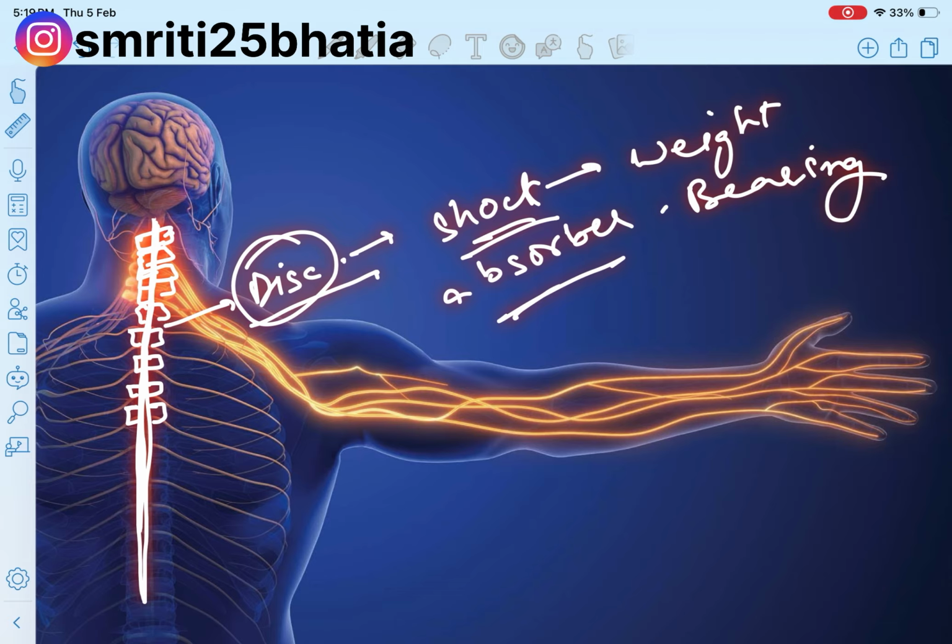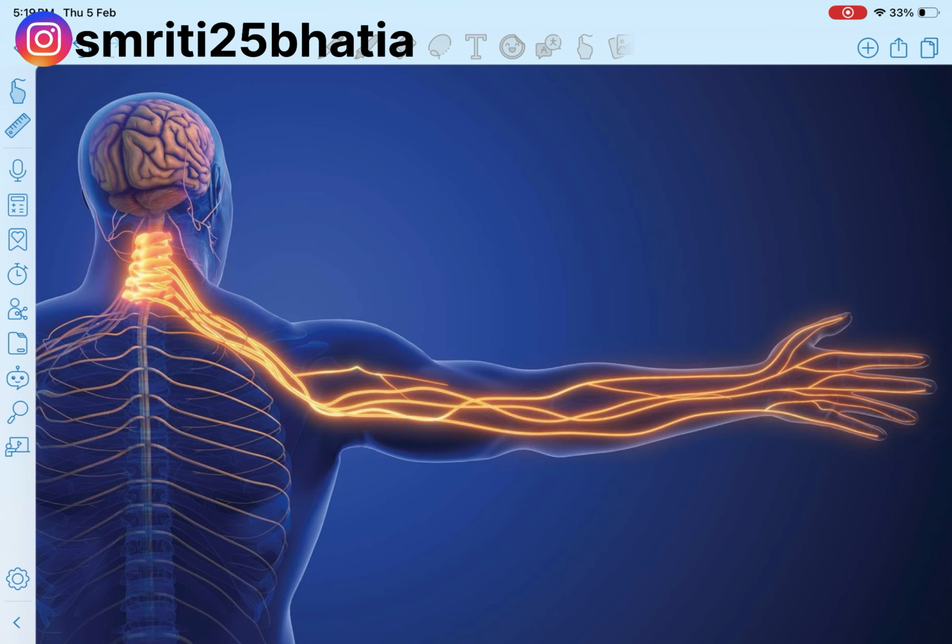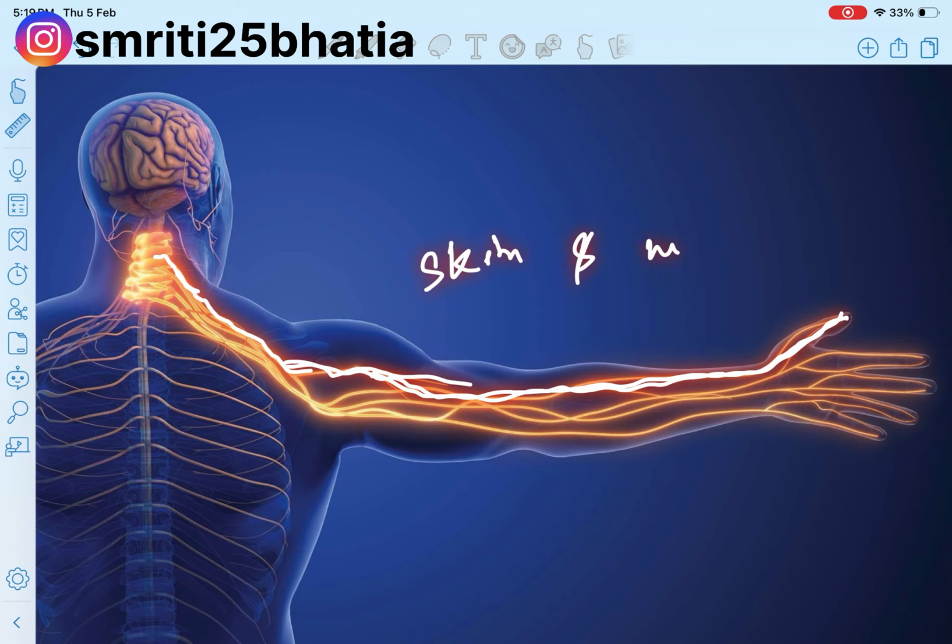Now what happens is that the nerve exits the spine and travels through the upper limb or the lower limb. So these are the nerves that exit the spine and supply the skin and muscles of the limb.